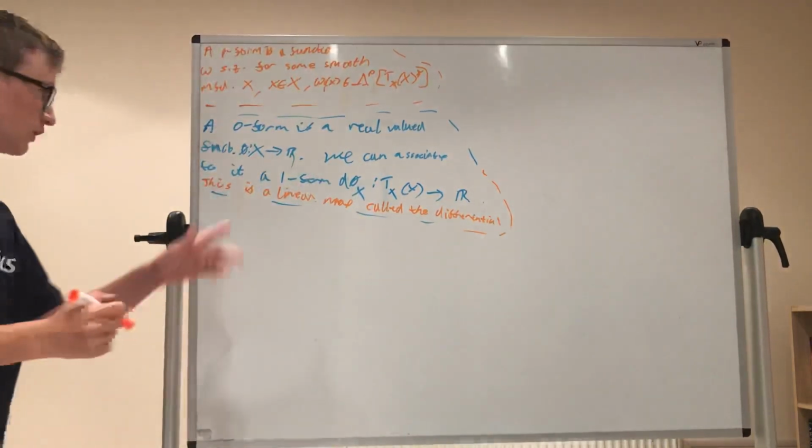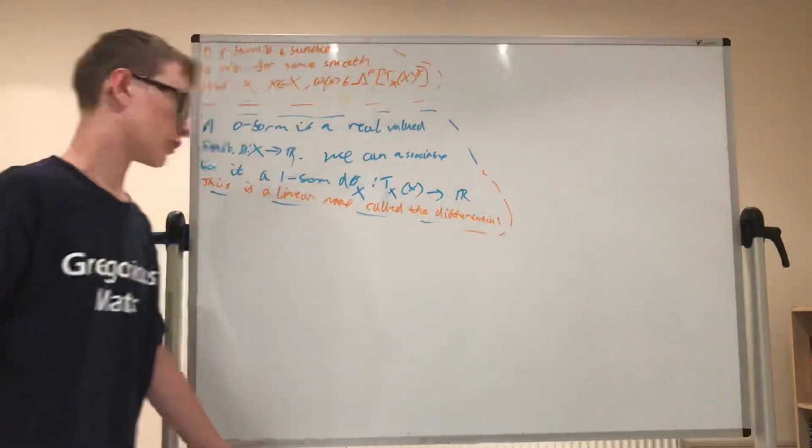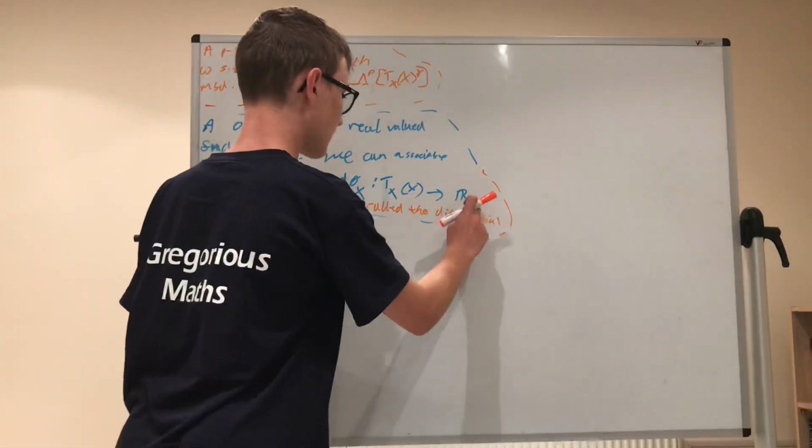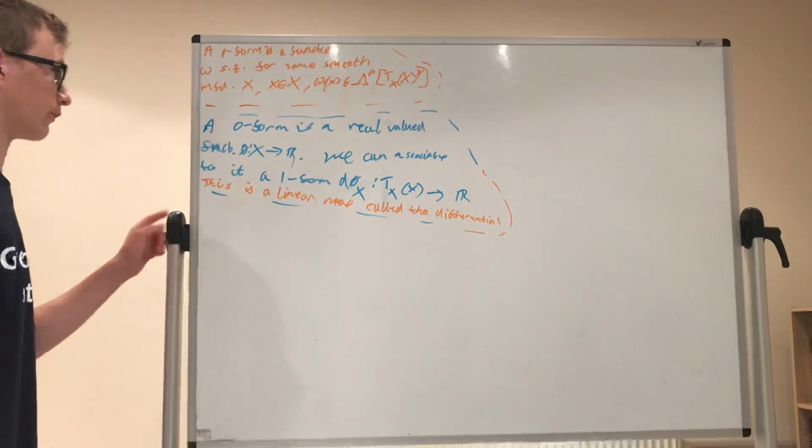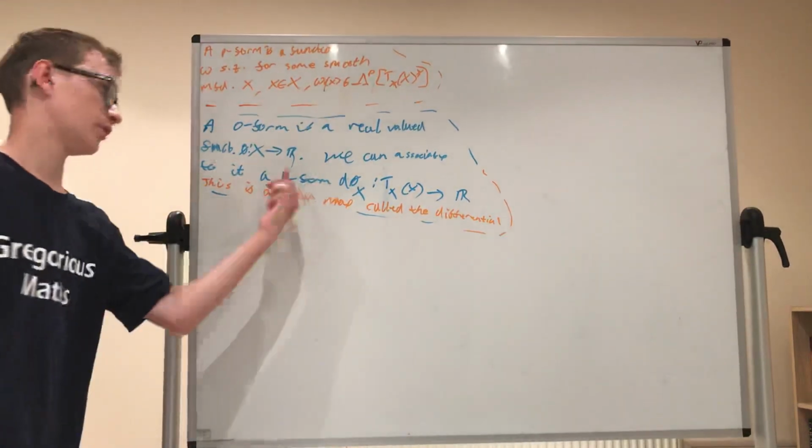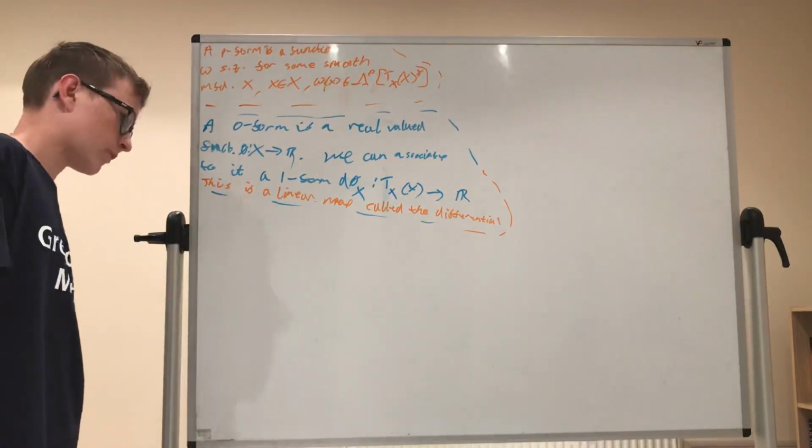So this d phi x is a linear map called the differential. And in general, we have the exterior derivative, which takes in a p form and outputs a p plus 1 form.